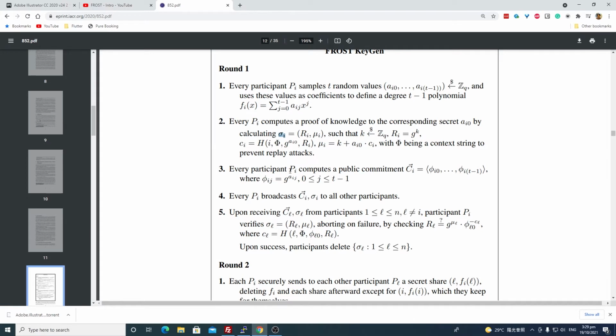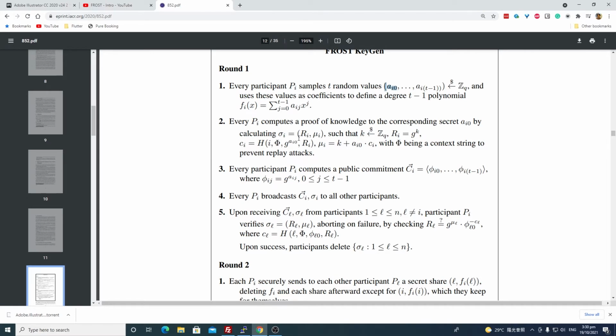And then every participant Pi computes a public commitment Ci, which is a vector, because each term of that vector is these coefficients multiplied by G. Or they raise the power, but I prefer to call it multiplication. It's basically the same thing. So that means that this first term is going to be the public key that matches our ai0.